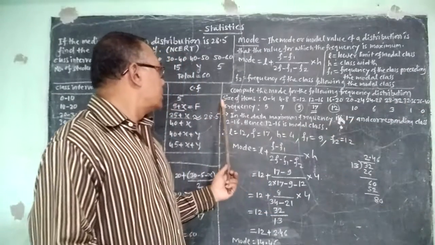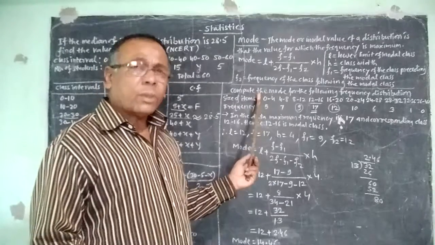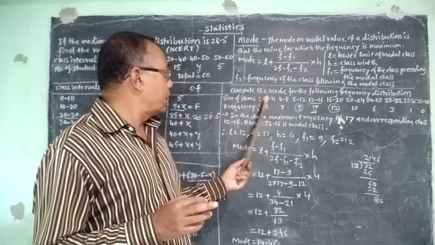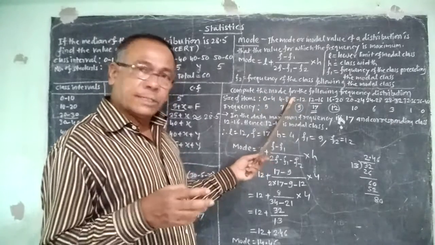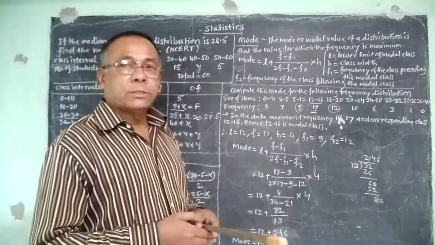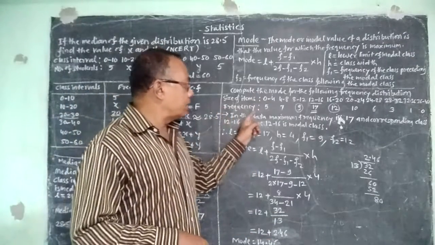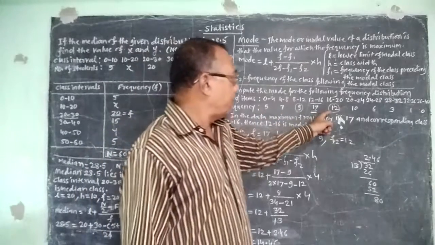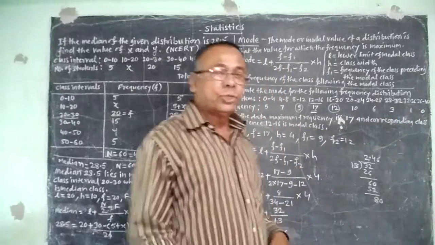So these are the classes, and we know the width of each class is 4, because the difference of 4 and 0 is 4, 8 and 4 is 4, 12 and 8 is also 4. So class width h is equal to 4. Here the frequencies are given as 5, 7, 9, 17, 12, 10, 6, 3, 1 and 0.